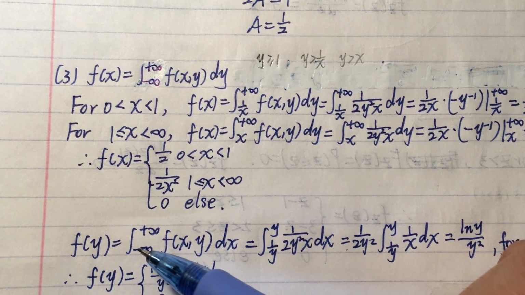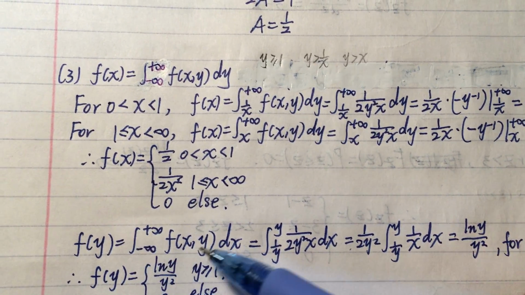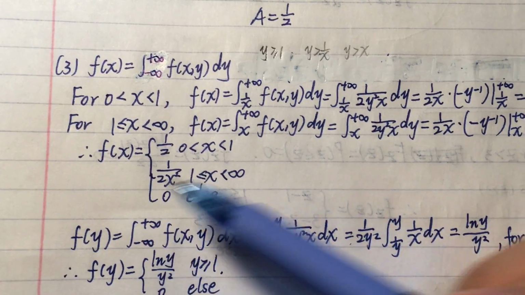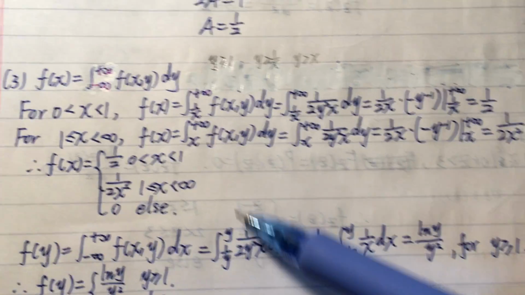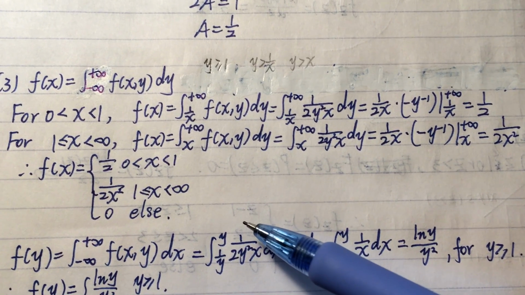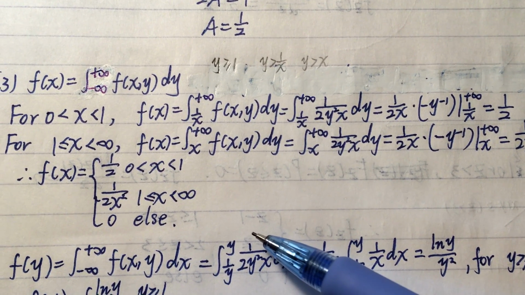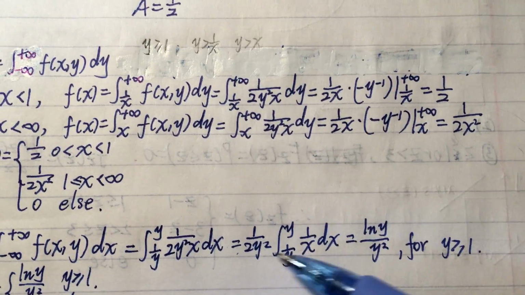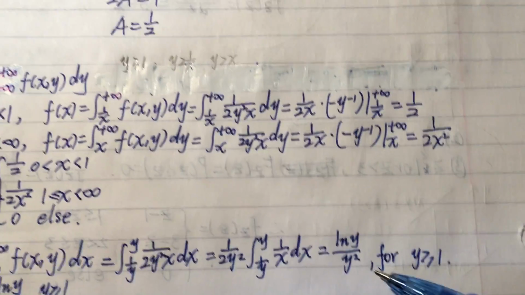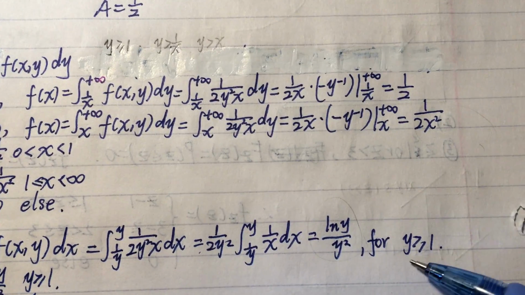It is the integral of f(x,y), and we can know that x is larger than 1/y, smaller than y. So we can get this integral and get the final results for y larger than or equal to 1.